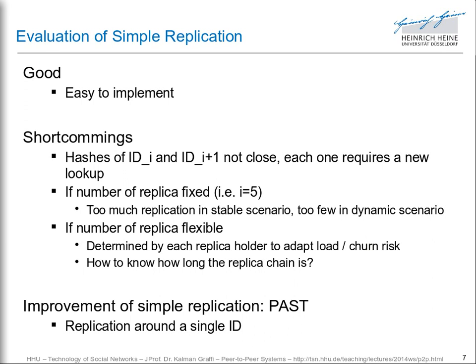And if the number of replicas is fixed, for example, i equals 5, we have too much replication in a stable scenario and maybe too few in a dynamic scenario. So it's very difficult to find a sweet spot with a fixed number of replicas.